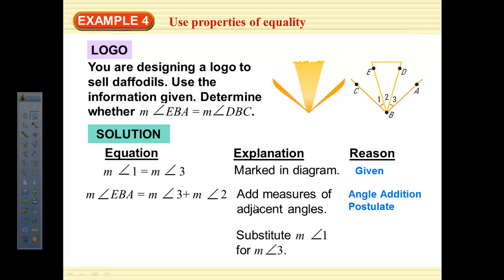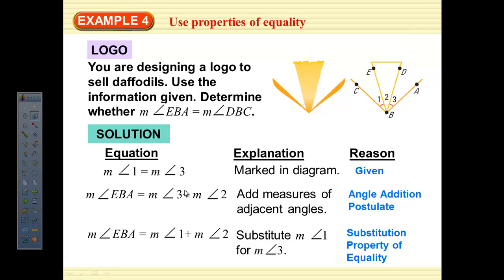We can also state that, and they're doing it slightly differently, but that's okay. We can substitute in 1 for 3 because those are equal to each other. So we can state that EBA is 1 and 2 because 3 and 1 are the same. Whenever we replace one thing with another thing, that's called the substitution property.